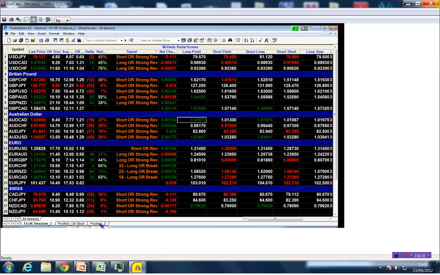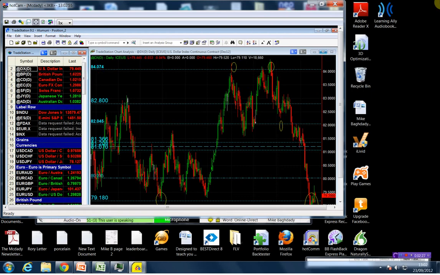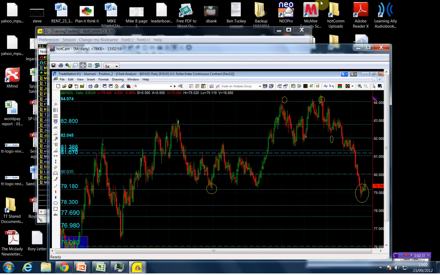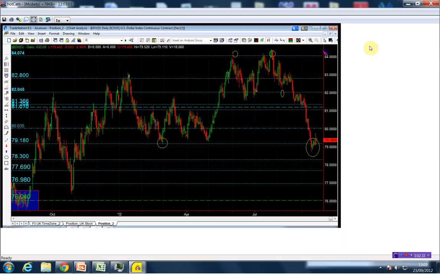Anyway, as we start every week, we look at the indices, the currency indices, and this is the basket of the currency itself versus all the other currencies. We always start with the chart for the US dollar.